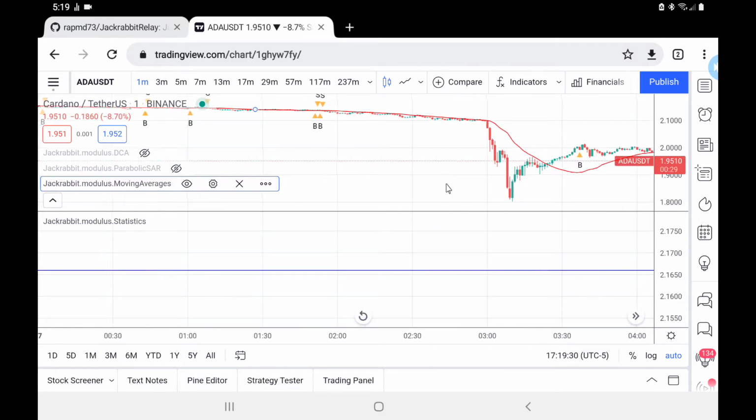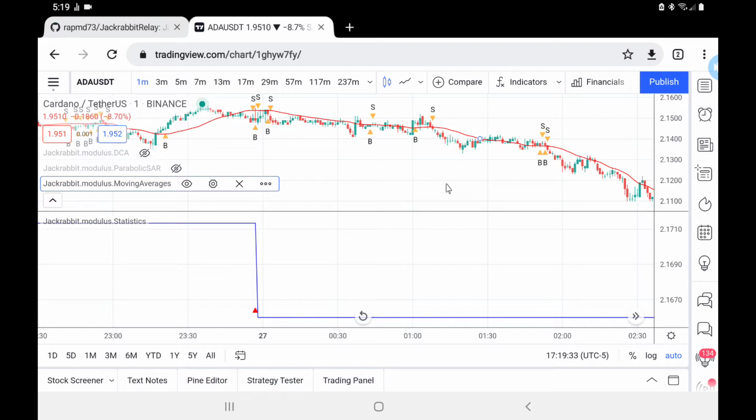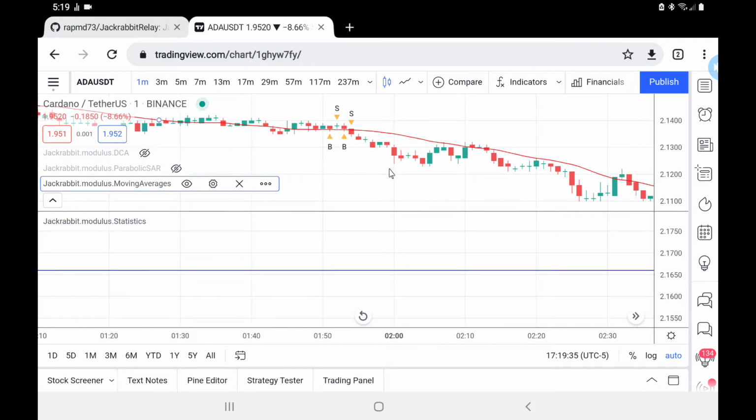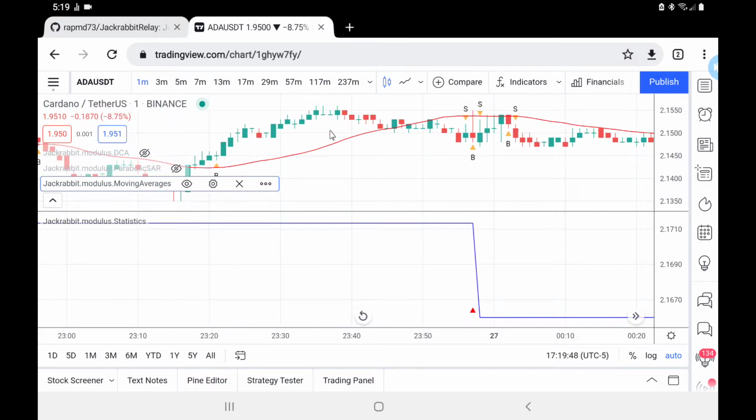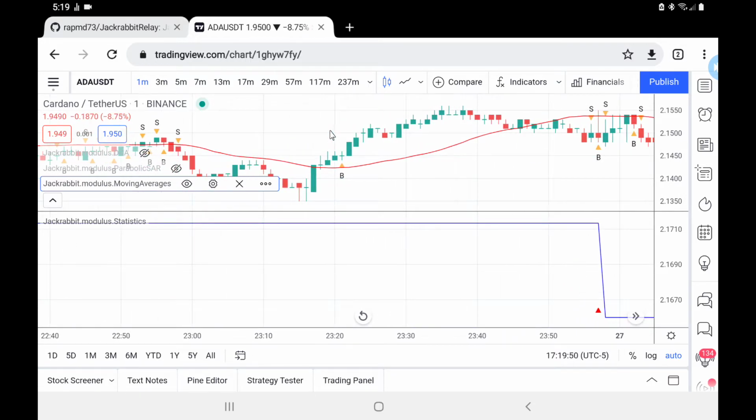A sell signal is when it goes from an upward trend to a downward trend. Now this isn't a good example because a level market is not very visible. So let's see if we can find a good market to demonstrate this. Okay, right here. It goes from upward to level or slightly downward, so it indicated a sell signal.